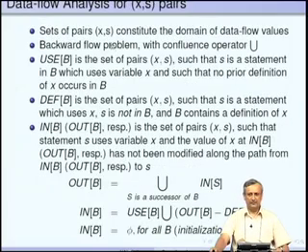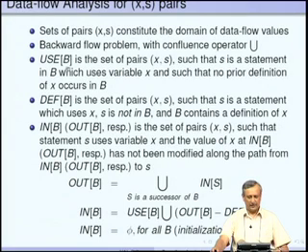So, in this problem the sets of pairs x comma s constitute the domain of data flow values, whereas in the live variable analysis it was just the sets of variables. This is also a backward flow analysis problem, and the confluence operator is union, exactly like in the live variable analysis problem. What about the gen and kill, that is the use and def?